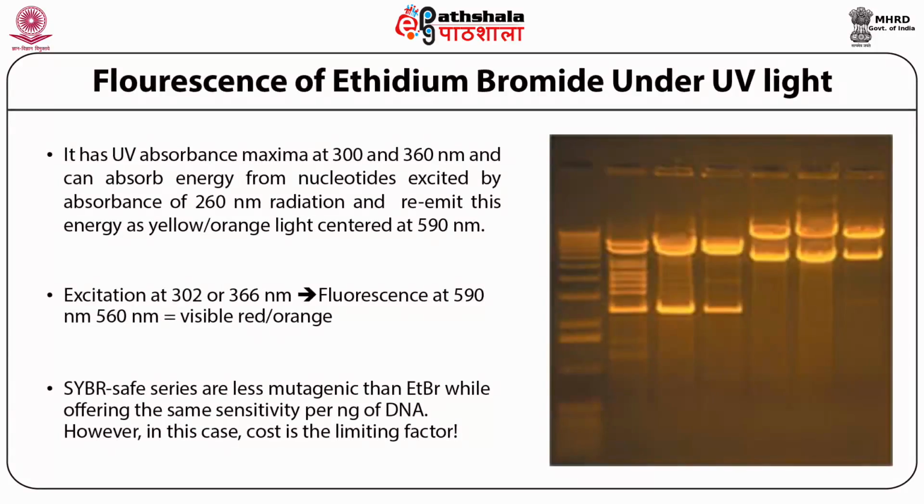The ethidium bromide has a UV absorbance maxima at 300 to 360 nanometer. Additionally, it can absorb energy from nucleotides excited by absorbance of 260 nanometer radiation and re-emit this energy as a yellow or orange light centered at 590 nanometer.